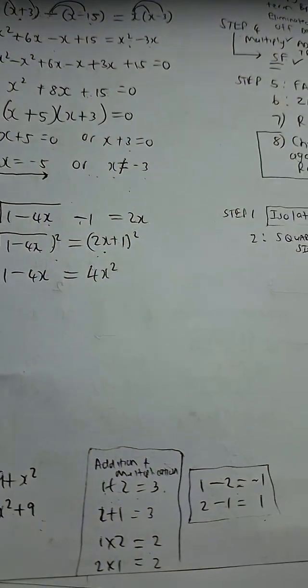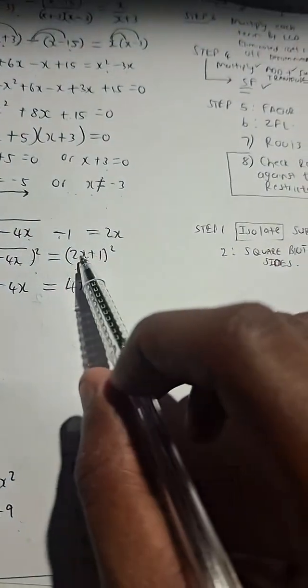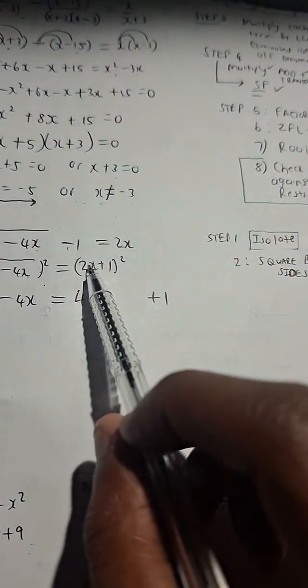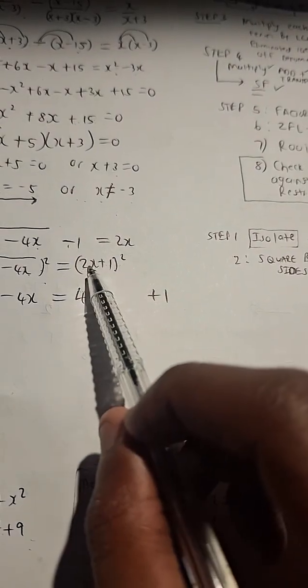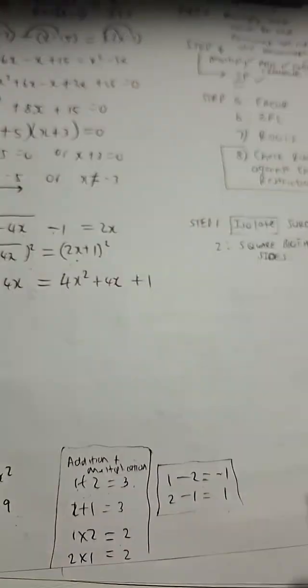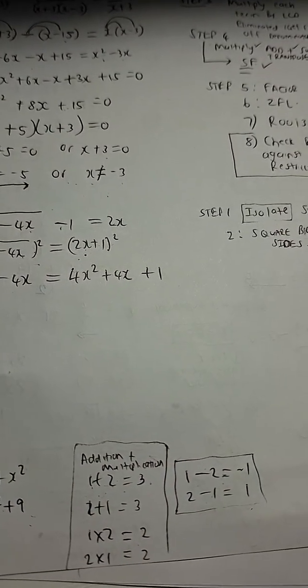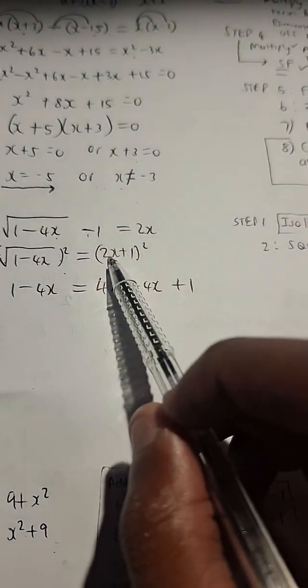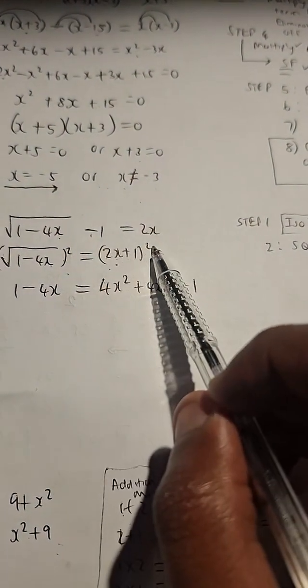On the right, you square the first term, 4x squared, you square the last term, 1, and you multiply the 2 terms: 2x times 1 gives you 2x, and then you multiply that by 2. That gives you the middle term, which is 4x. That's a quick way of foiling a binomial squared.